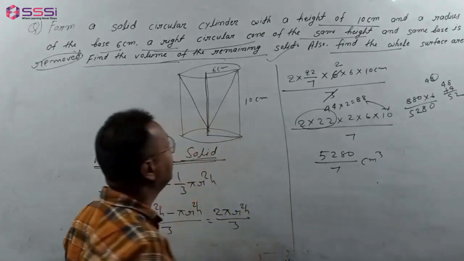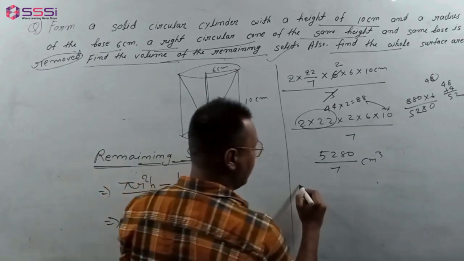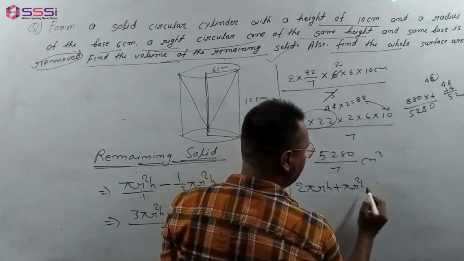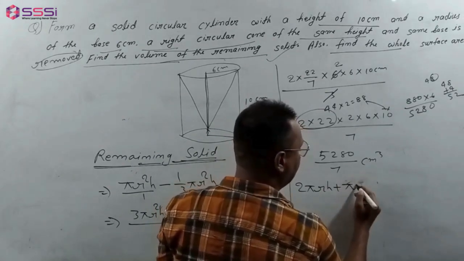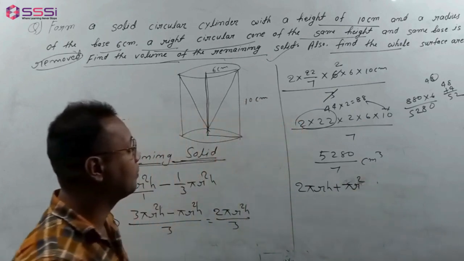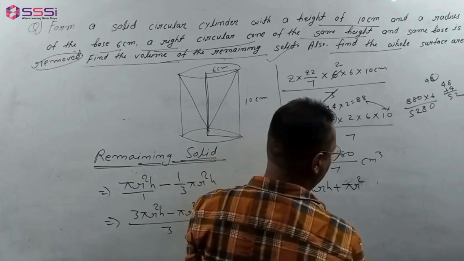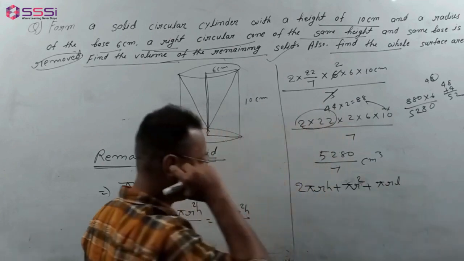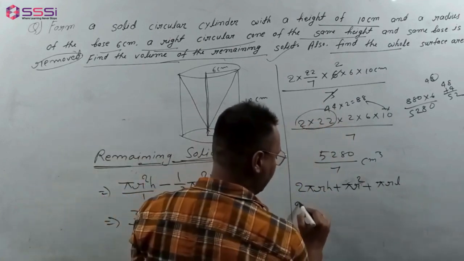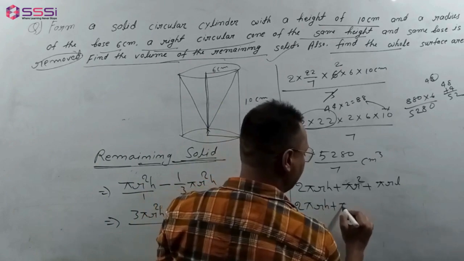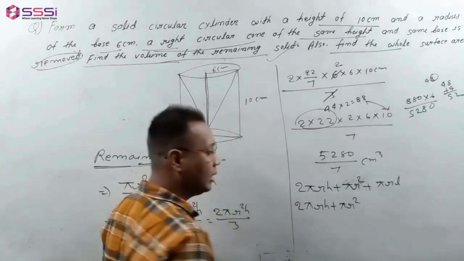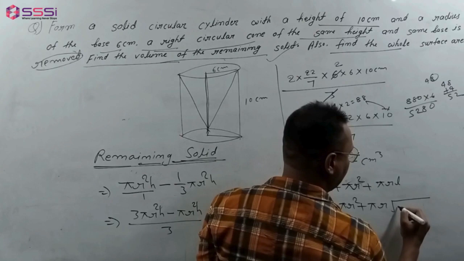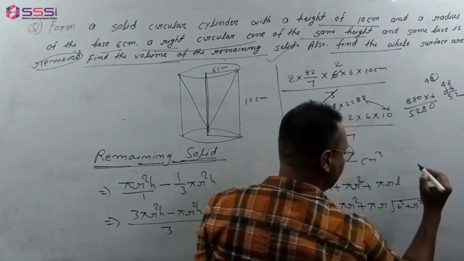The surface area of cylinder is 2 pi rh plus pi r square plus pi r L, equal to root under h square plus r square.